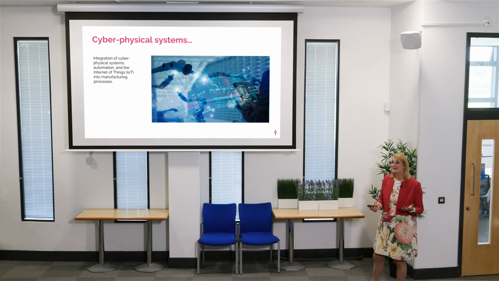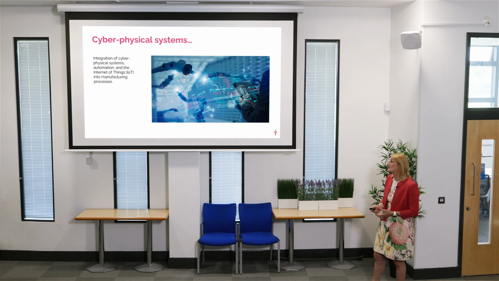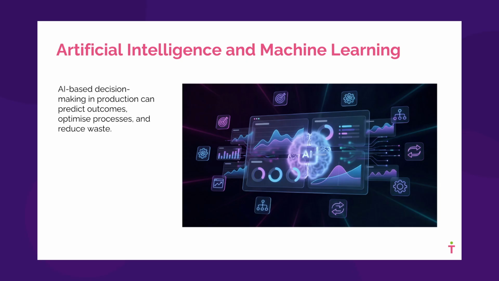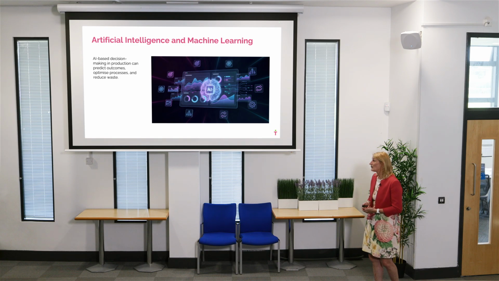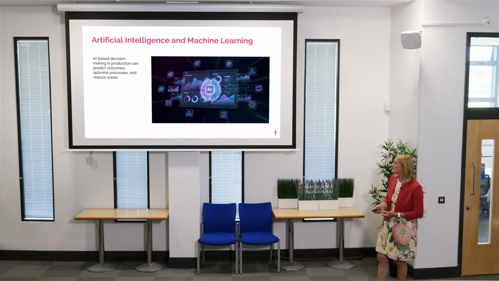And this is how we actually integrate those systems with automation and those more traditional technologies with the Internet of Things into our manufacturing processes. So this is a much more connected world. What's very vogue and in at the moment is the thought of how we use artificial intelligence and machine learning within our production processes and across our end-to-end supply chains.